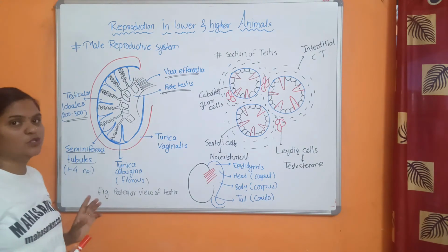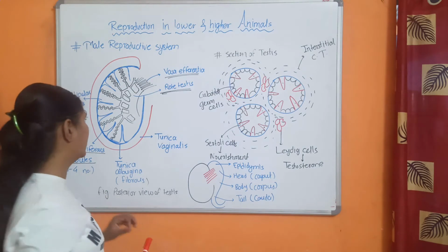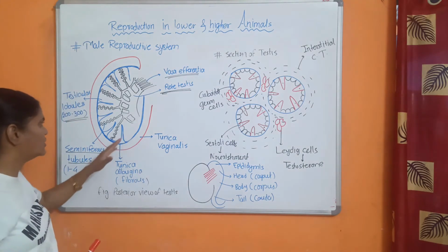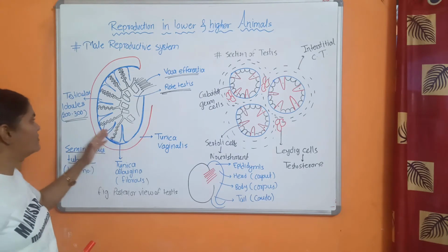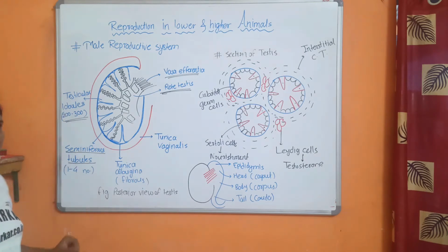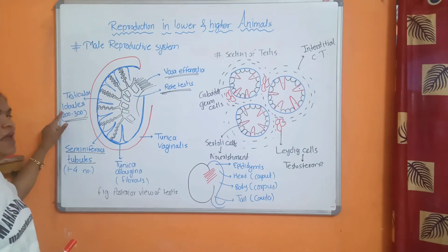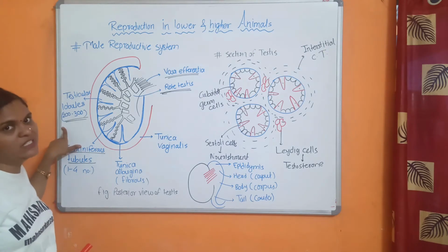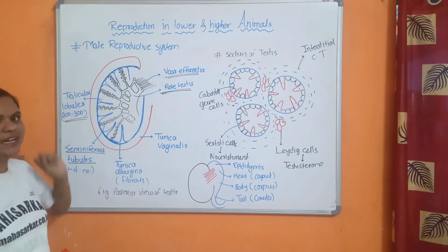Remember that it is also protective in function, and it shows infoldings, and because of these infoldings it forms septa, and the septa produce lobules. So it produces testicular lobules, 200 to 300 in each testis.